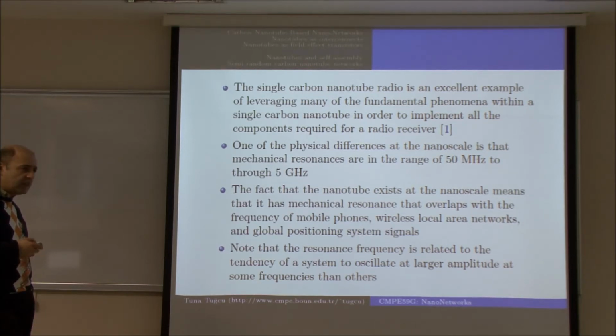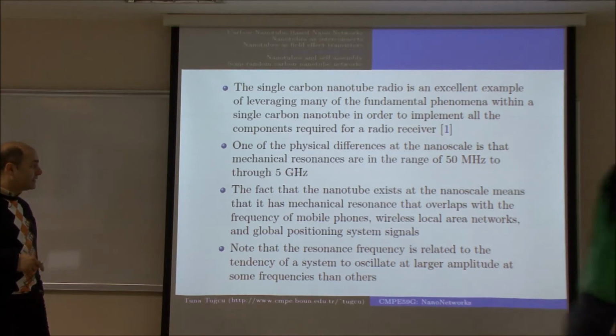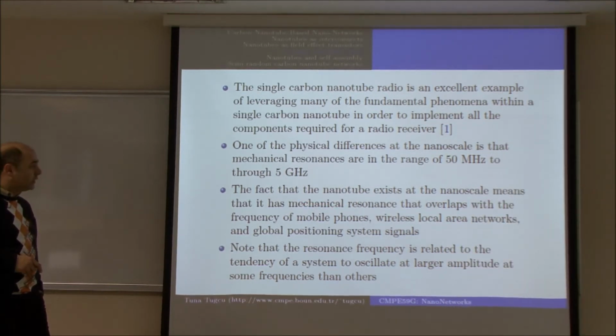So we don't consider this as an interference, but we consider this as an opportunity to communicate with the nanoscale using the existing technologies. So the fact that the nanotube exists at the nanoscale implies that it has some mechanical resonances that overlap with the frequency of these daily devices, the current technological devices we already have.